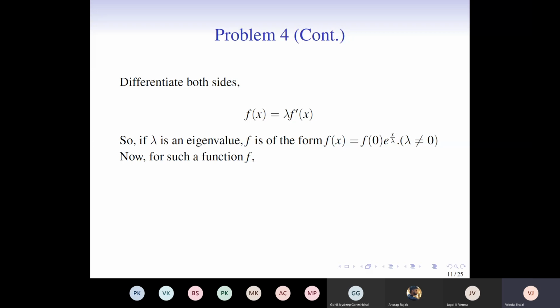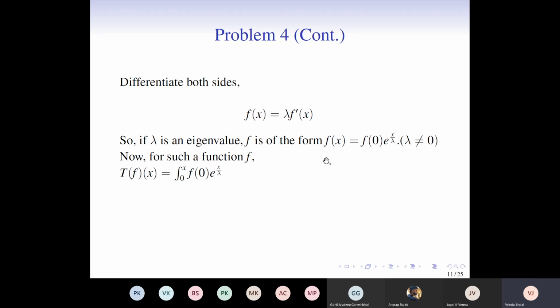Of course, we know that x plus 1 and x plus 2 are two parallel lines and they won't have a solution. But if you differentiate them, you'll get 1 equal to 1, so you'll think that these two equations have infinite solutions. That is not true, because by differentiation you are reducing the information content. So it is a necessary condition, but not a sufficient condition. So if lambda is an eigenvalue, this is a necessary condition, but it's not a sufficient condition.